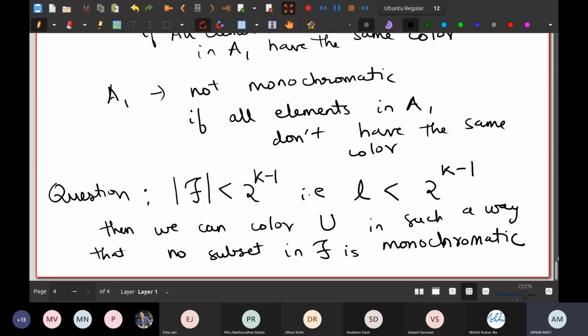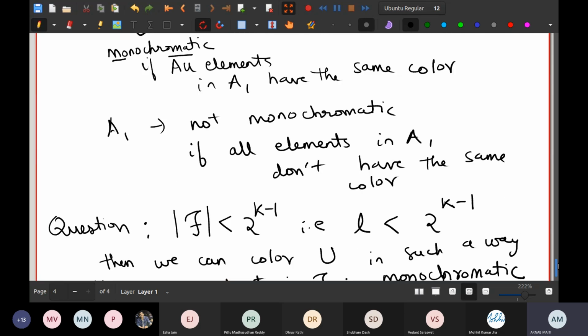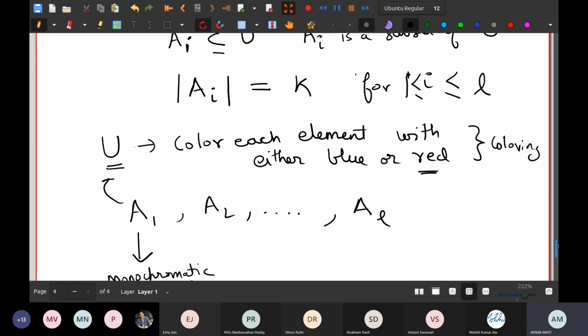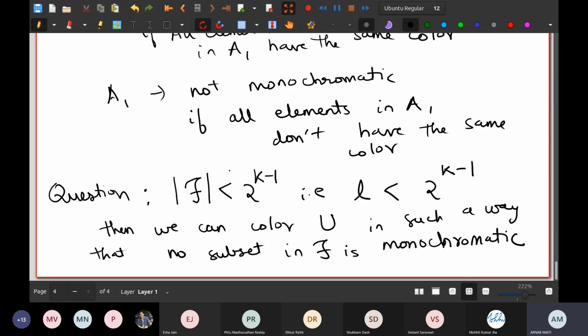Obviously, getting a monochromatic coloring for every subset is quite easy. Like, color each and every element of U with a single color, and there you have a monochromatic coloring. But the question which I'm asking is, if you have less than 2 to the power k minus 1 subsets in that collection, then we can color that set U of elements in such a way that no subset in F is monochromatic.